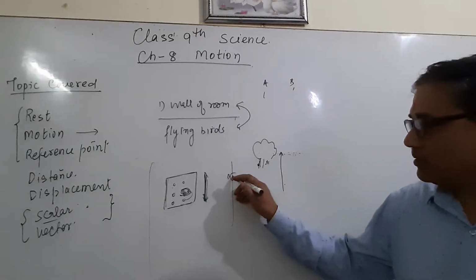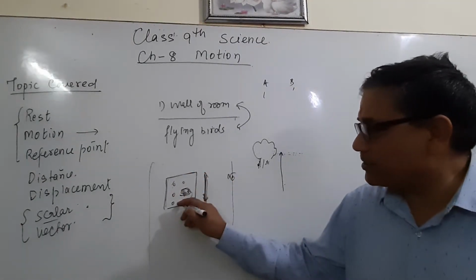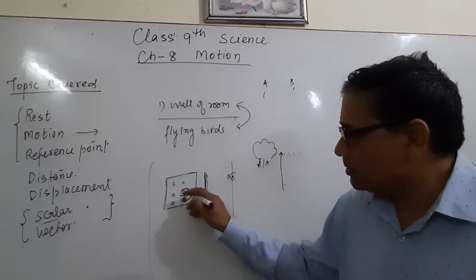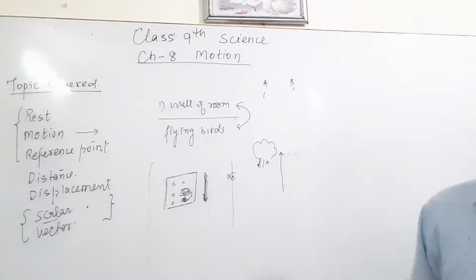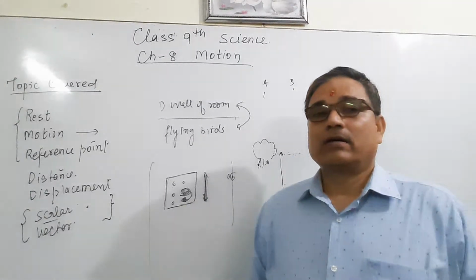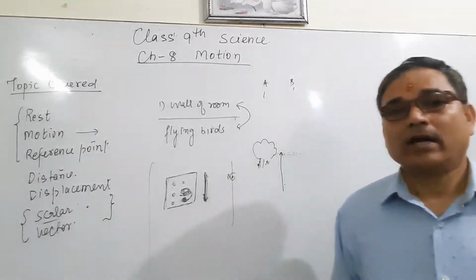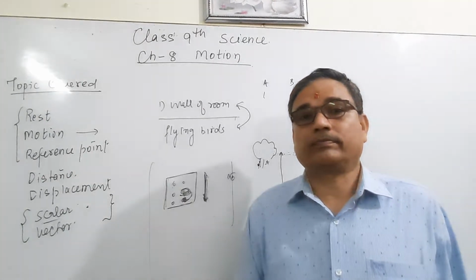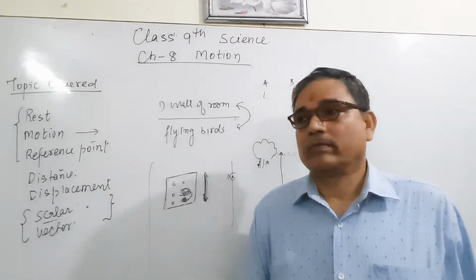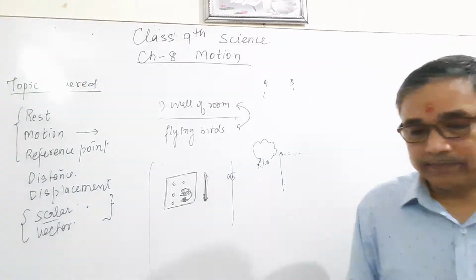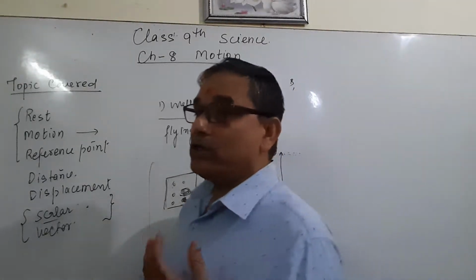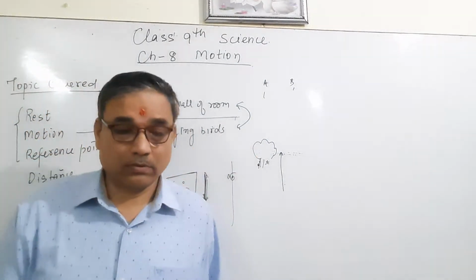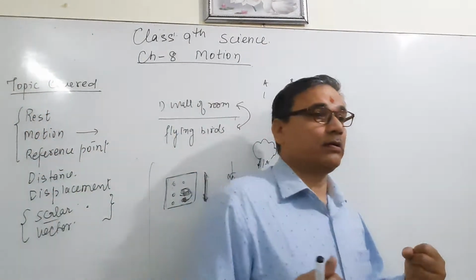According to this person, the bus and the passenger are in motion, but according to this person, the passenger is at rest. The person who is behind him is at rest. It means motion is relative to each other. And this motion makes it so confusing, so complex.